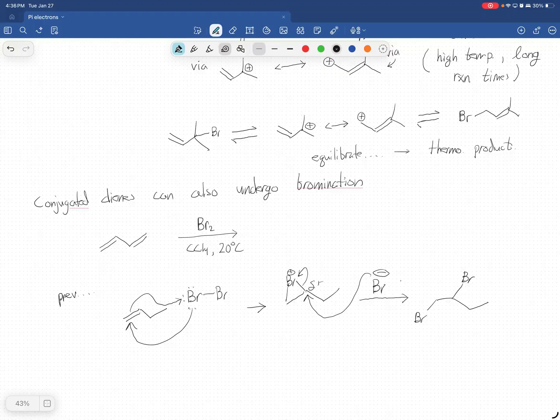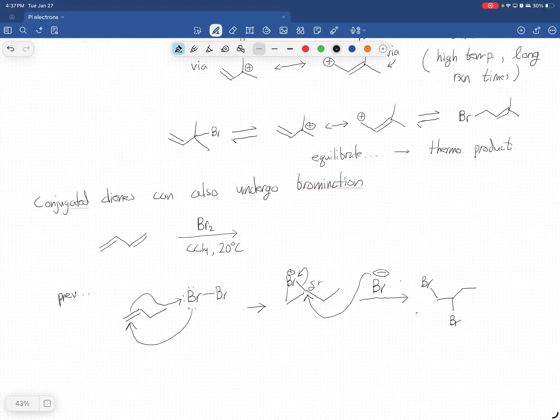So we actually got a racemic mixture, with a Br over here too. This is something I'm just recalling from our knowledge here. We get a racemic mixture because the bromine could form this intermediate above and below the plane.